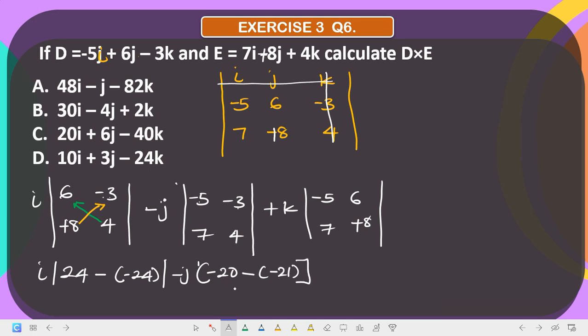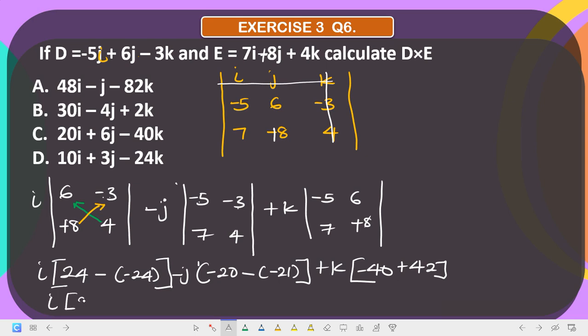And then bracket close. Now, the next one we have is plus K, bracket open. 8 times minus 5 is minus 40. This times this is plus 42. And then at the end of the day, what are we going to have?